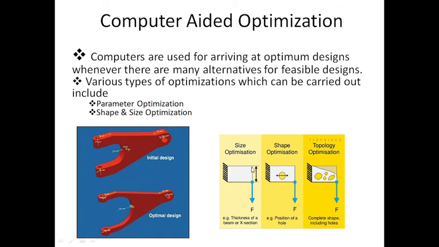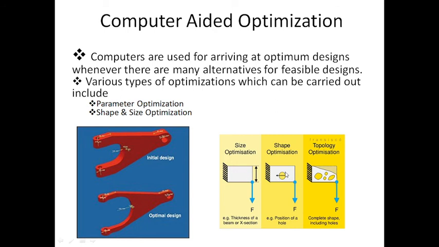You are free to change the size, depending upon the condition that the functional requirements are met. For example, it is going to be loaded with something, so it should not bend too much, and up to that extent you can reduce the thickness. Then shape optimization is where, along with changing the dimensions, you have the freedom to remove material from somewhere over here.